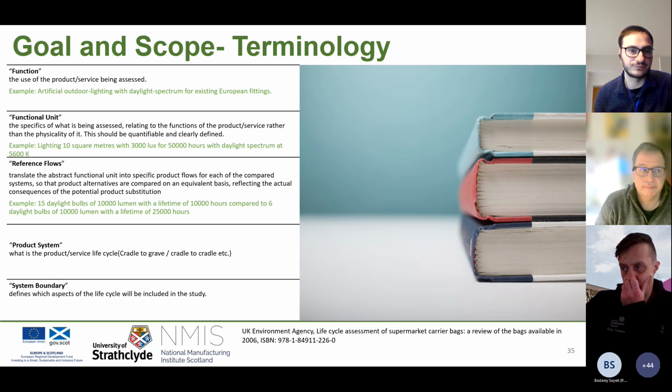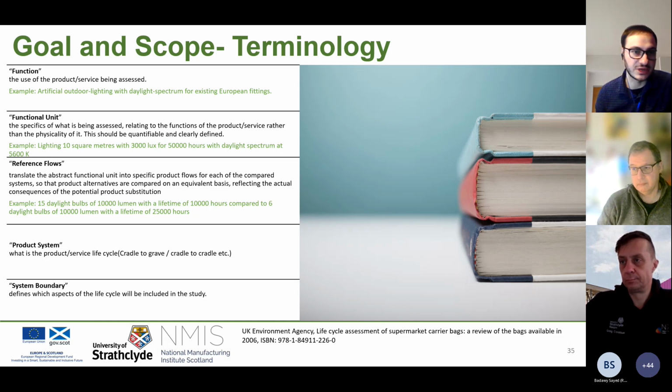This should be very clearly defined and, of course, quantifiable. In our example, it would be, for instance, to light 10 square meters with 3,000 lux for a specific amount of hours with a light that has a specific color temperature in Kelvin.